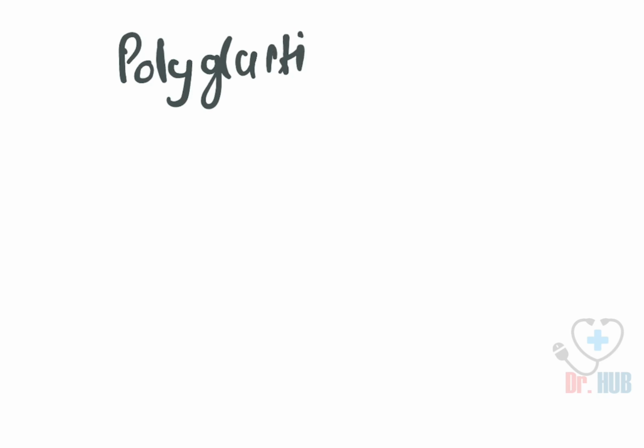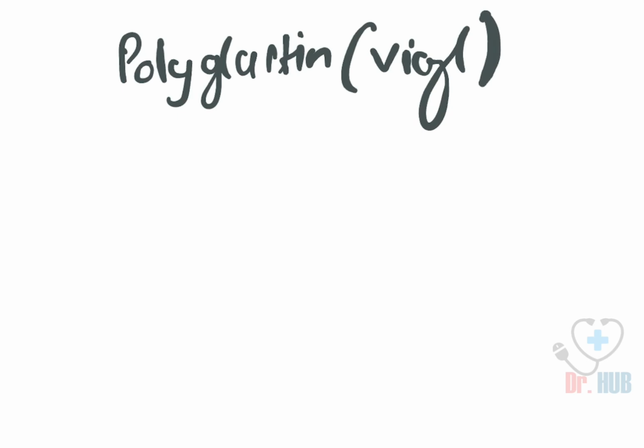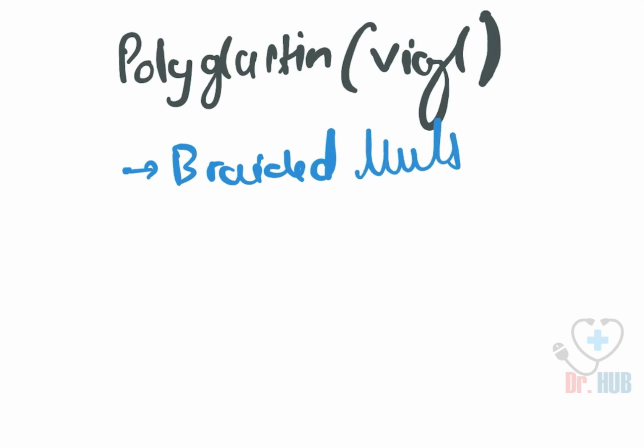Next we look at another absorbable suture, polyglactin. Polyglactin is nothing but Vicryl and it is a braided multifilament. And what are the uses?